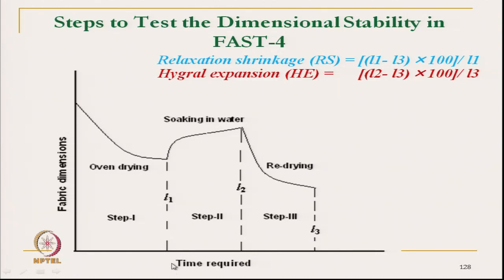Then we soak the fabric, so ultimately we get the length L2, and after that we re-dry it, giving L3. The increase in length of L2 as compared to L3 is due to the presence of water, because the fabric has already been relaxed.